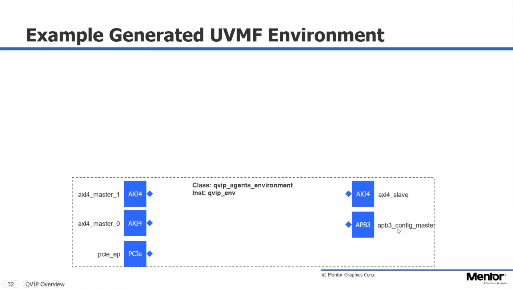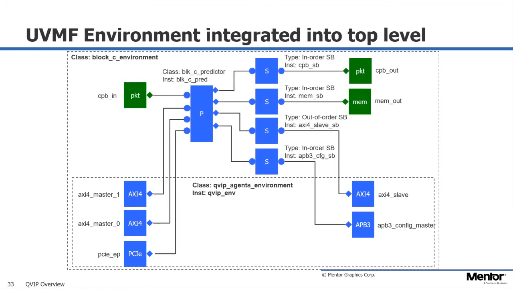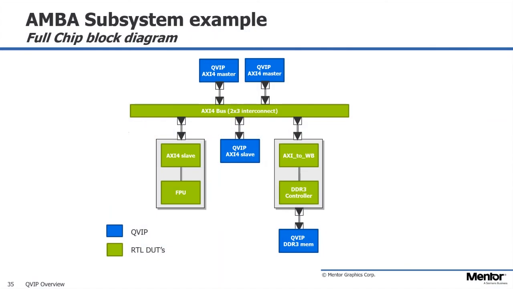That got output as a sub-environment. I had the strings that I needed to include in my UVM framework. So here's a couple of the memory. Well, actually, I guess this is the rest of my environment. It's a predictor, a couple of other custom things that I put in there, and I'm up and running.